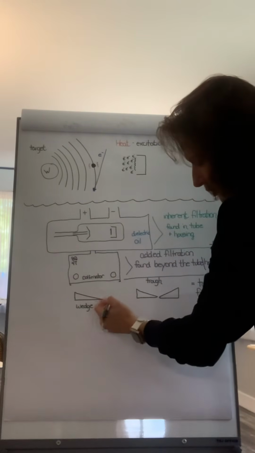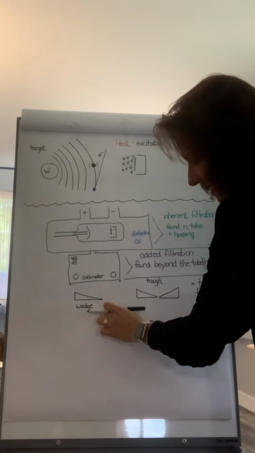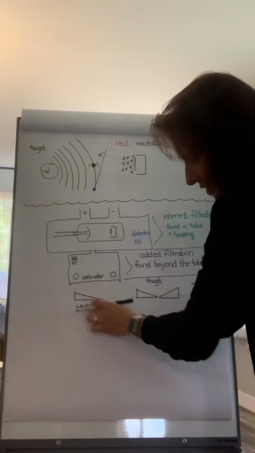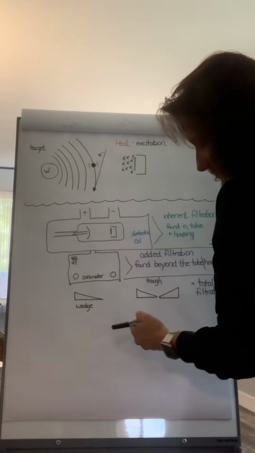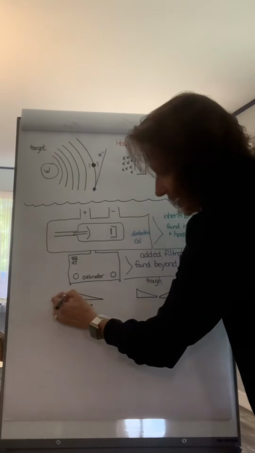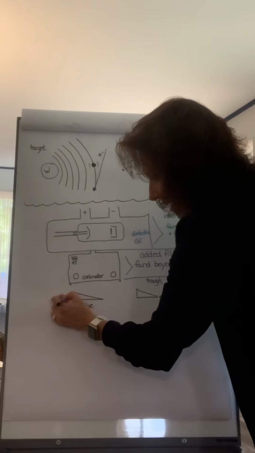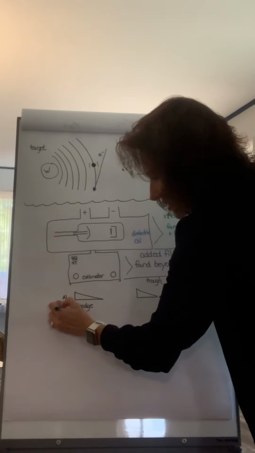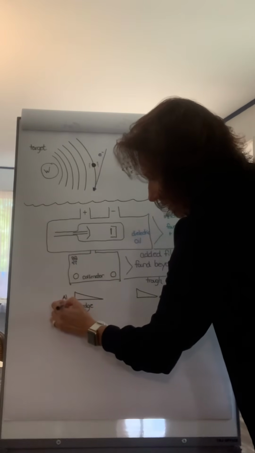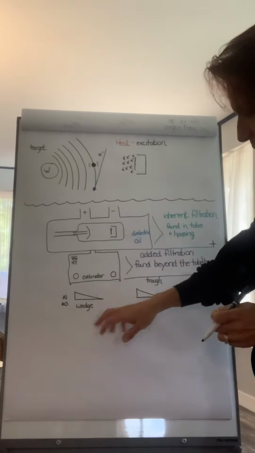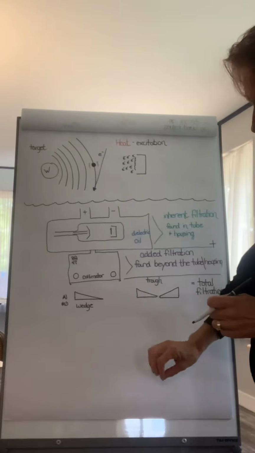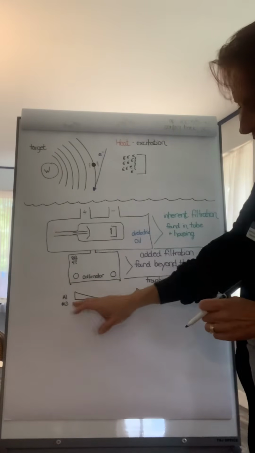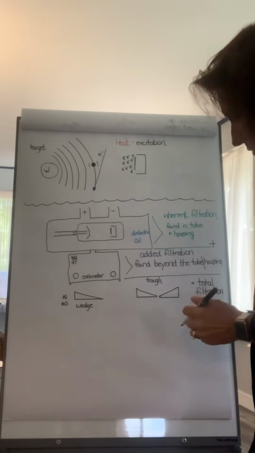A wedge filter would allow more radiation to pass through the thin part, less through the thick part, because the wedge is typically made of aluminum, and aluminum is number 13. You put the thin portion of the wedge over the thick portion of the patient, and the thick portion of the wedge over the thin portion of the patient.